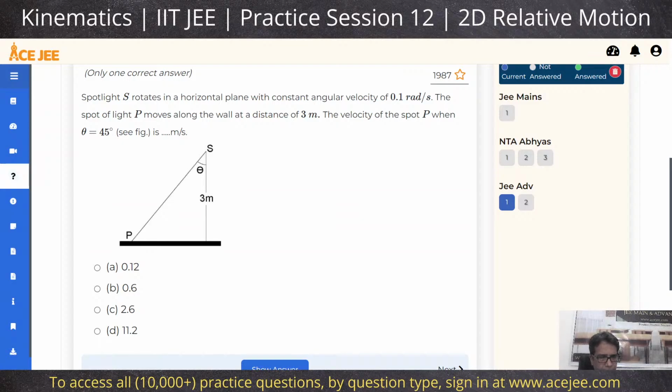Yes, beta. Ruchika, Chavi, how are we doing, beta? Sir, is the answer 0.6? 0.6, okay.